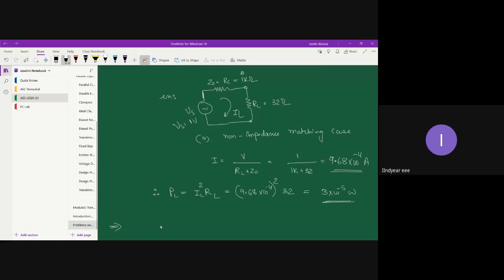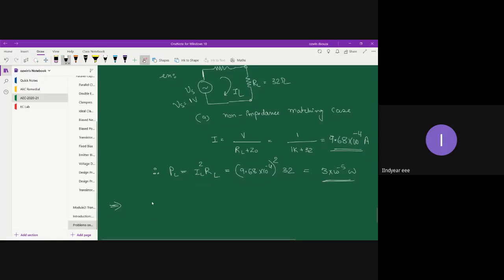Now let us consider the case wherein RS is equal to RL, which is equal to say 32 ohm. By introducing some circuit between load and amplifier, we have achieved this particular condition.